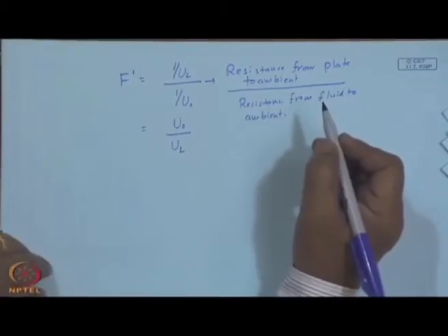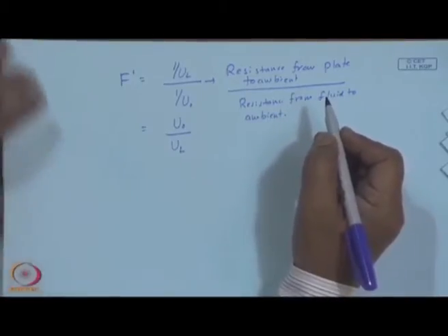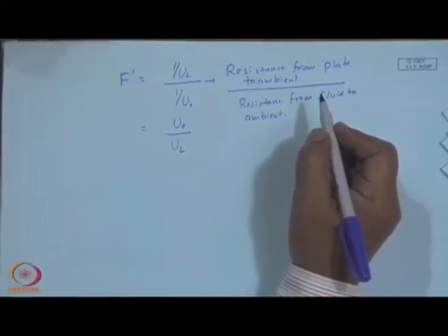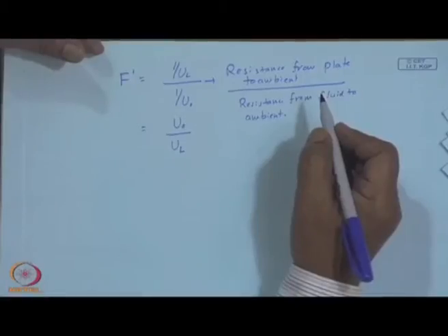So, F dash is not only the actual energy gain upon the possible energy gain if the entire collector had been at the local fluid temperature, but it also can be defined as the resistance from plate to the ambient to the resistance from fluid to the ambient.